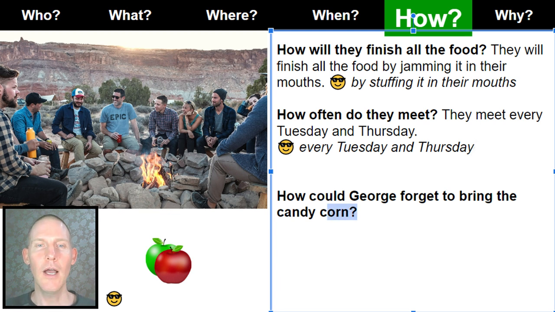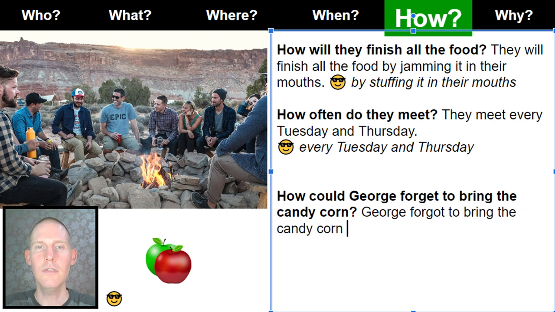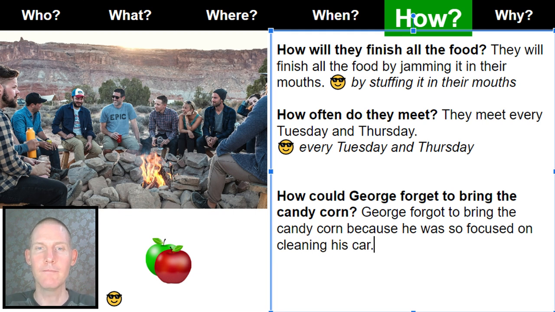Okay, here we go. How could George forget to bring the candy corn? Let's see. George forgot to bring the candy corn because he was so focused on cleaning his car. All right. All right, let's see.